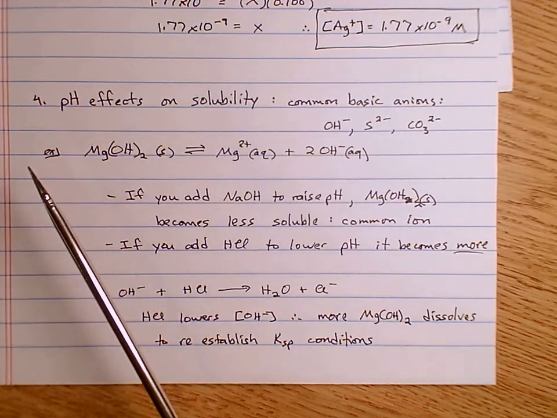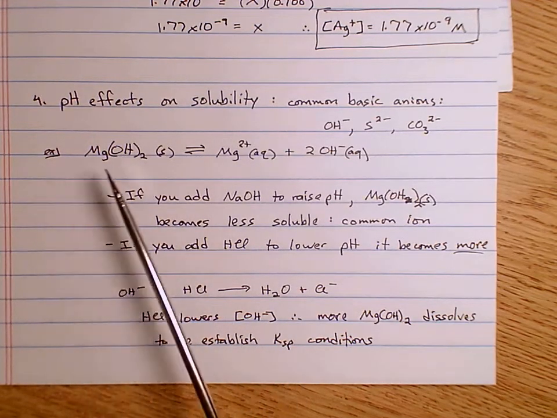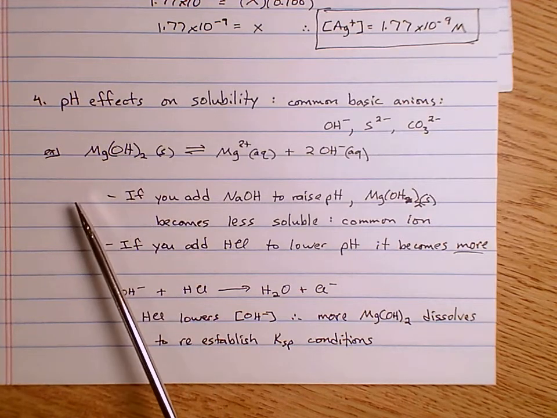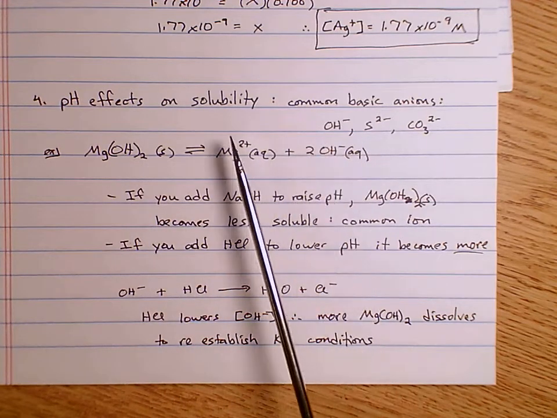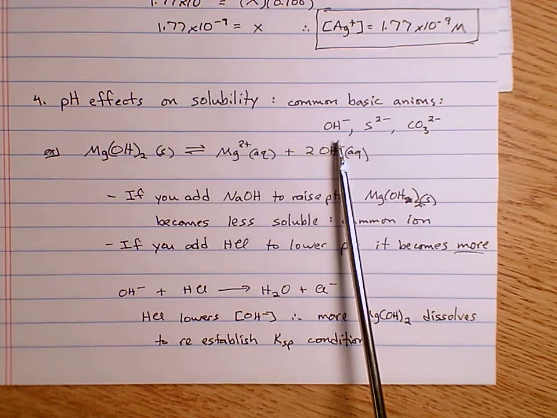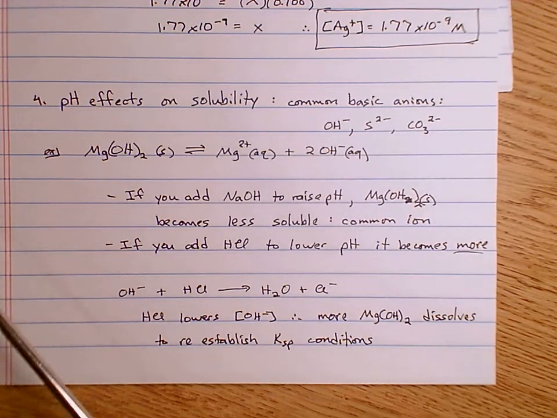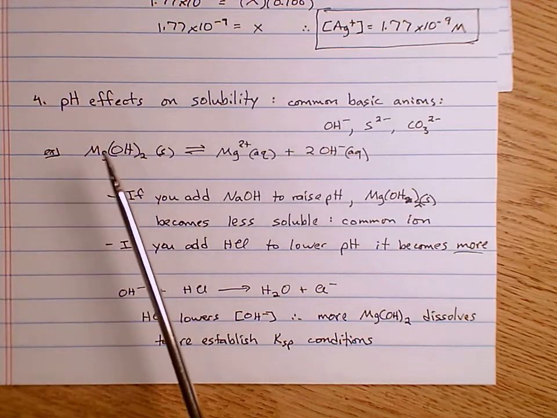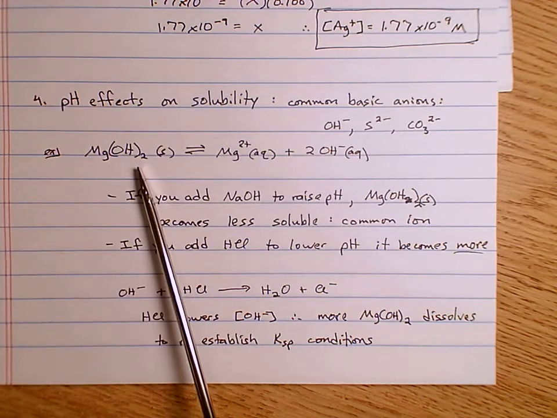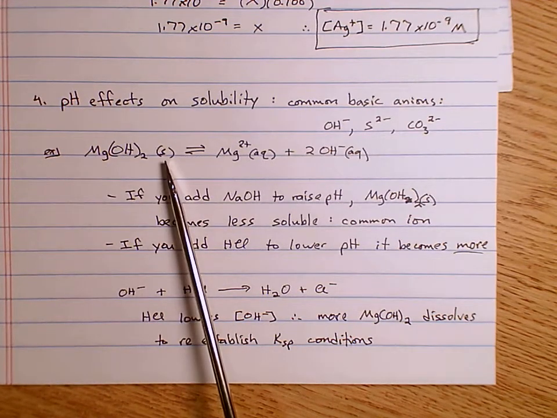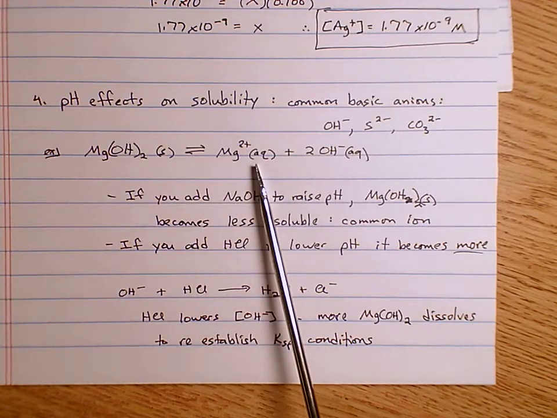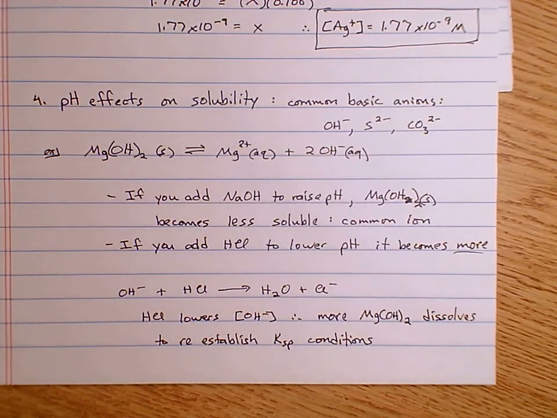And we've already looked, if it's got H plus, well, that's just acid dissociations. But if we have OH minus as one of our ions, our common basic ions, OH minus, S2 minus, carbonate, CO3 2 minus, it means this. For example, if we add magnesium hydroxide solid, it will dissociate into Mg2 plus aqueous plus 2 OH minus aqueous. No problems there.